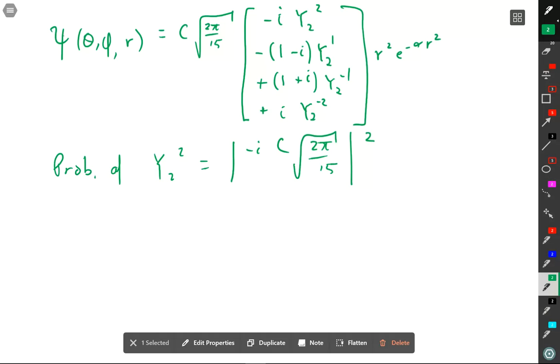Well, I could also say, okay, I've got the things in the brackets. And if I add up the probabilities of Y22, Y21, Y2 minus 1, Y2 minus 2, it's going to have to come to 1. And so that means I should just be able to take the full set of them. So I can just take these and say, what is the magnitude of this mod squared plus this mod squared plus this mod squared plus this mod squared, and then take the mod squared of each one divided by the sum of those, and not worry about the external stuff, right?